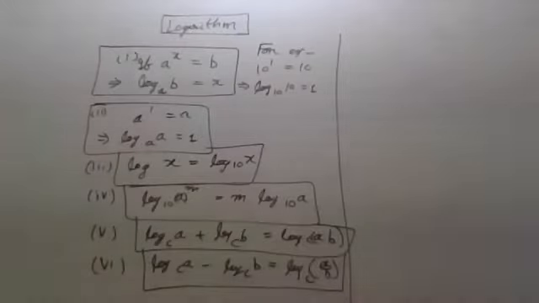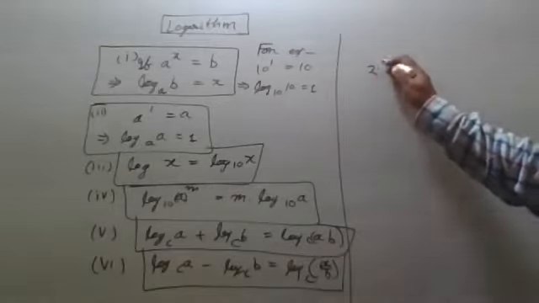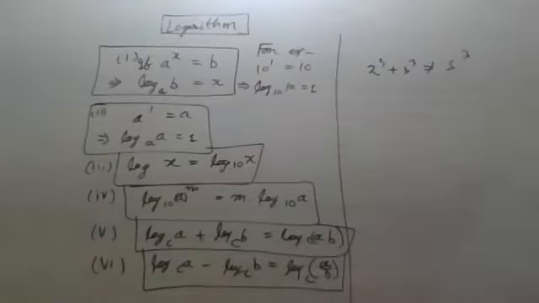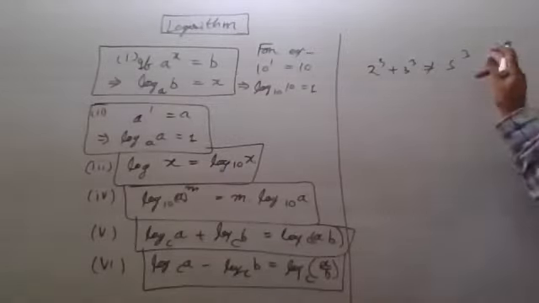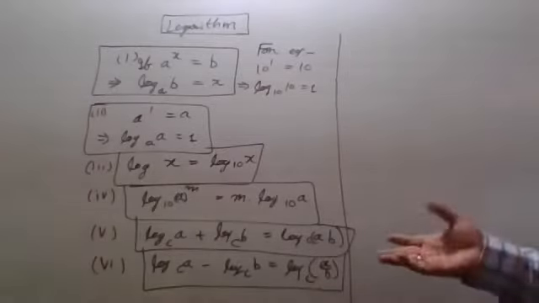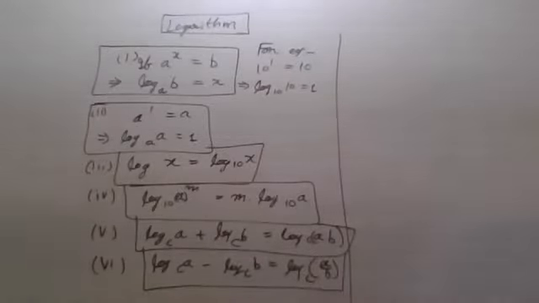If bases are different, then this property cannot be used. For these properties, bases must be the same. See, then only we can use this. This is the same as if we have to add 2 cube plus 3 cube, we cannot write 5 cube. Okay. So write these properties first of all.